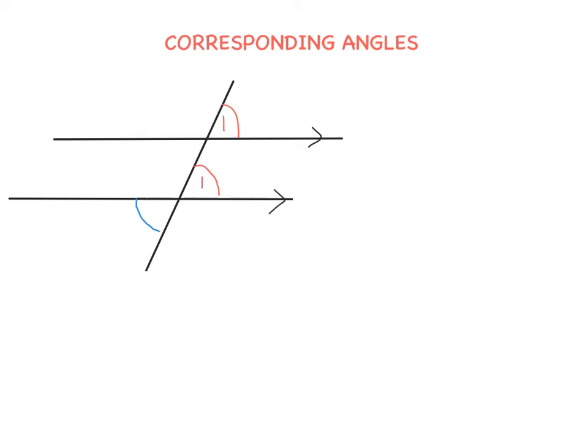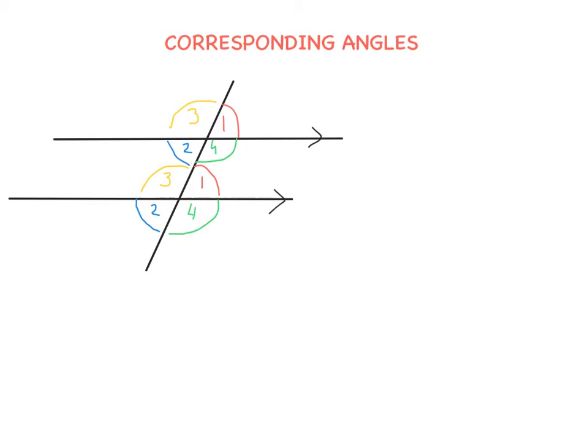Here, this angle and this angle are exactly the same, so name it 2. Then let's find other pairs. This angle, number 3, is exactly the same as this one. And this angle, number 4, is exactly the same as this number 4.